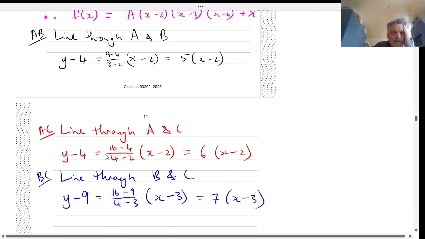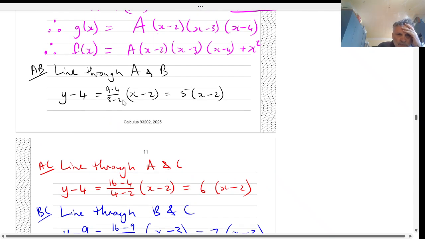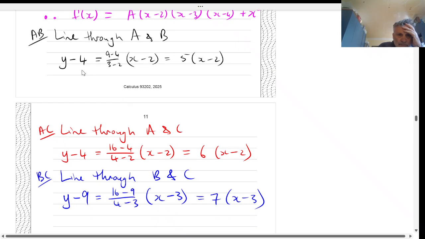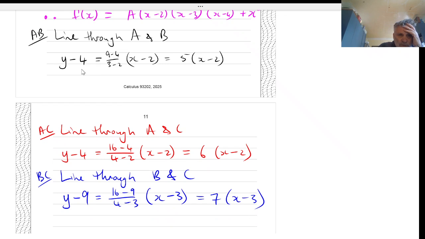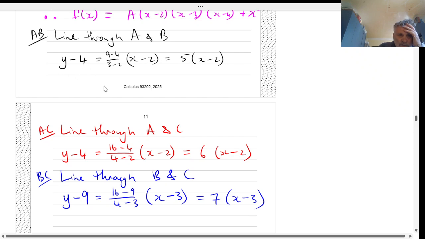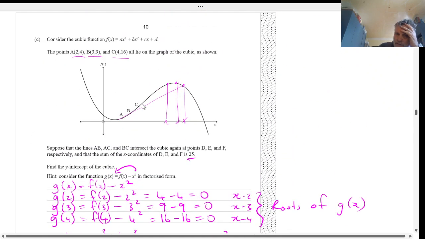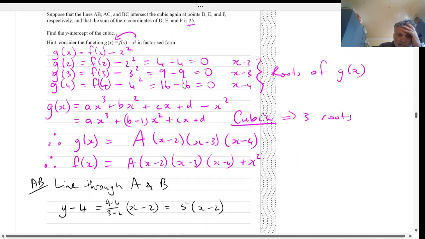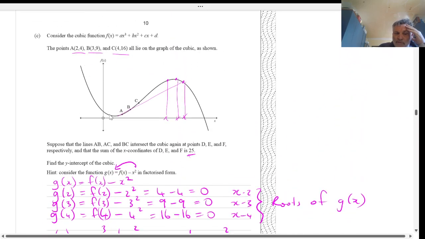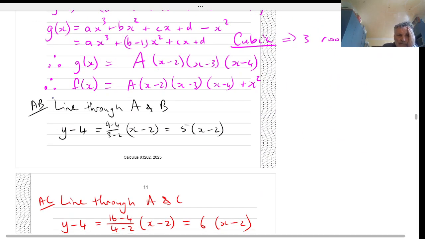So we've got these 3 equations of lines that intersect again with our curve up here. To find the intersection, if we substitute in, effectively f of x is y on the cubic.